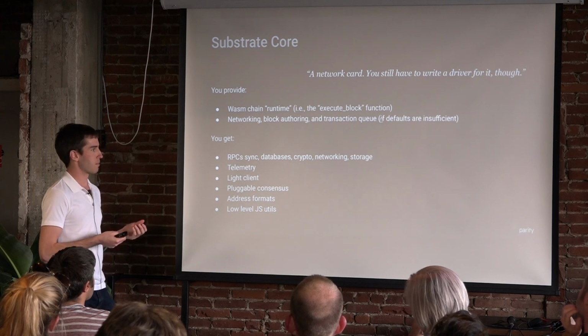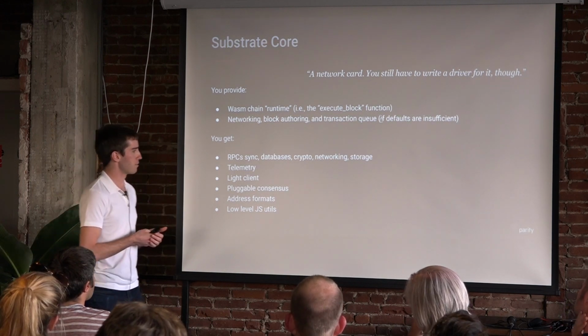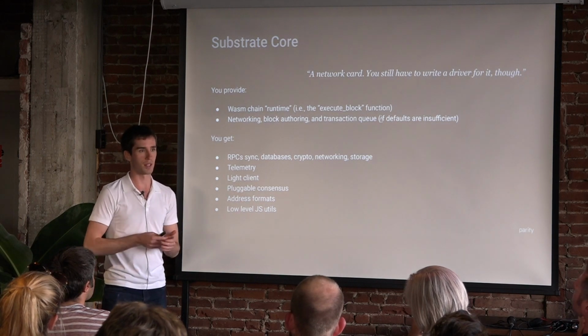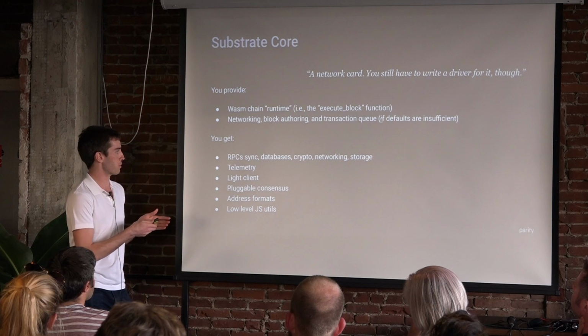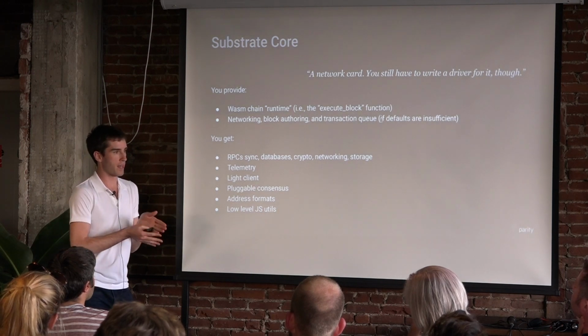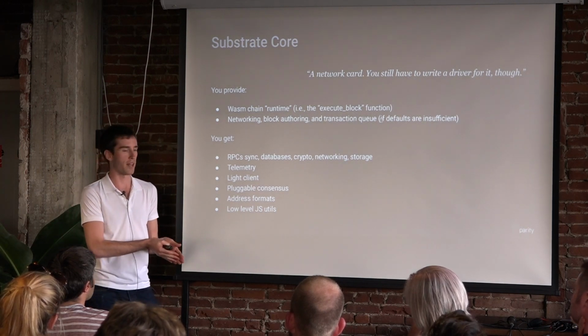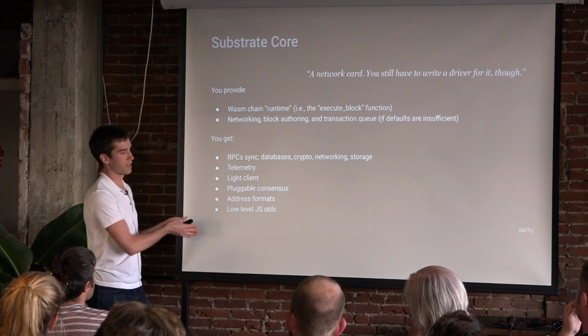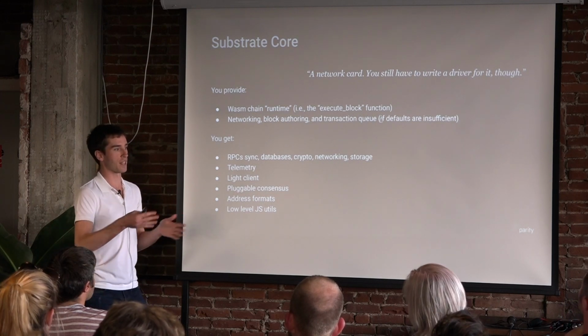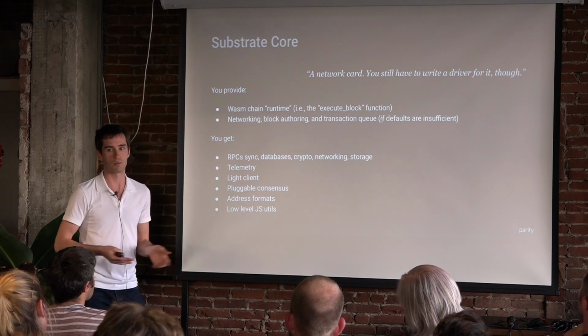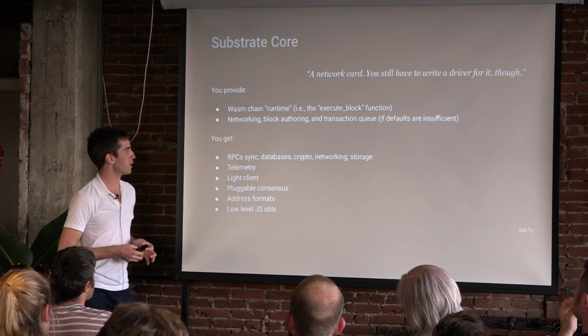For crypto, we use SR25519. Ethereum uses SecP256. So if you want to make an Ethereum 1.x client with Substrate, you have to change out the crypto library, which will affect everything above it that validates signatures, which is basically everything.